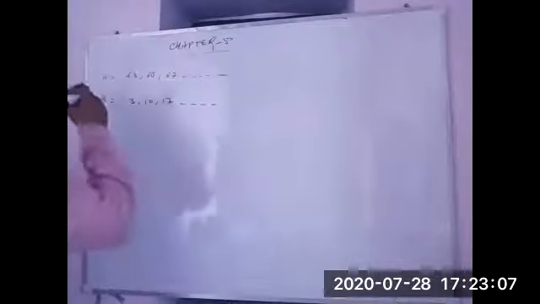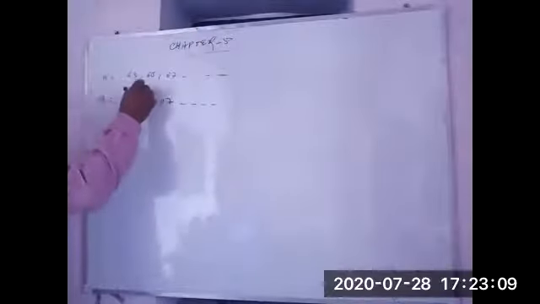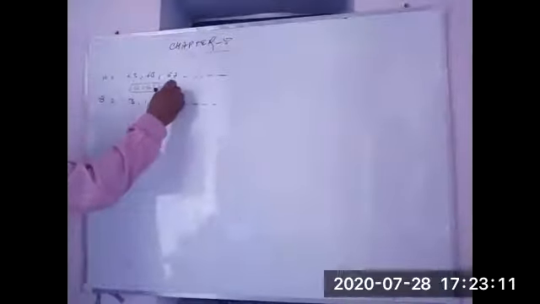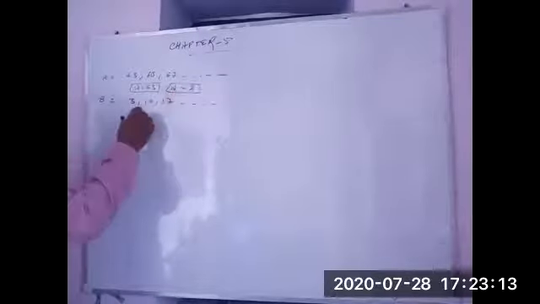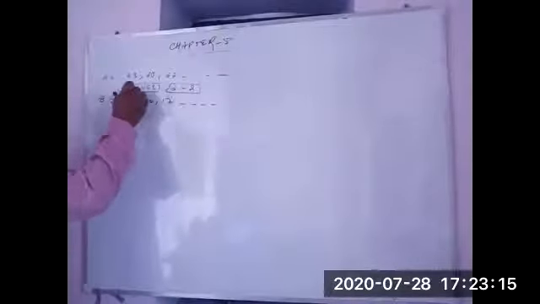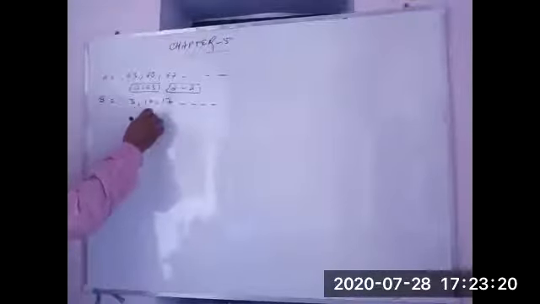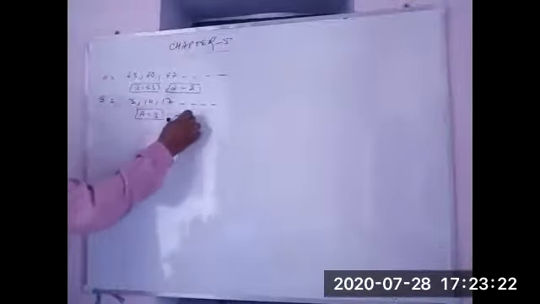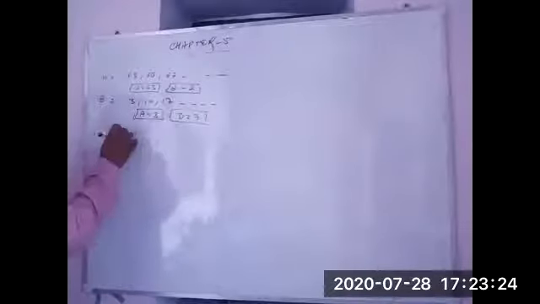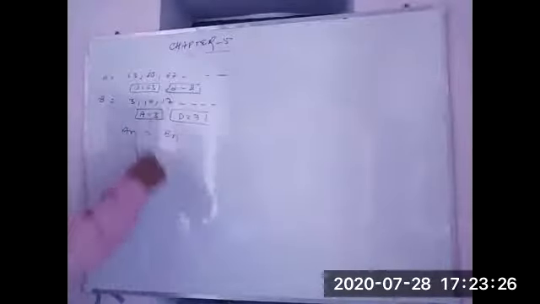Okay, what are they asking in the question? For what value of n will these have the equal term? Now, taking that the nth terms are equal, a equal to 63, d equal to 2, and for the second take capital A equal to 3, capital D equal to 7.